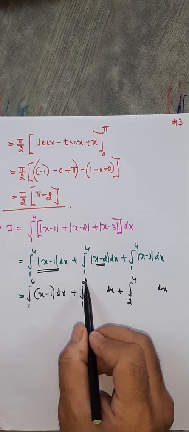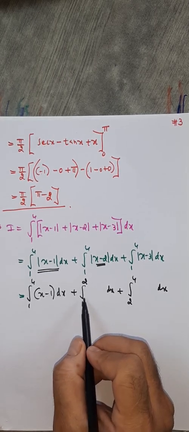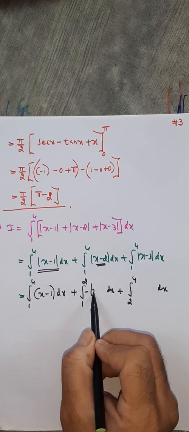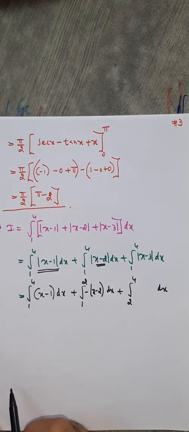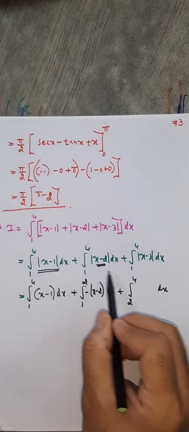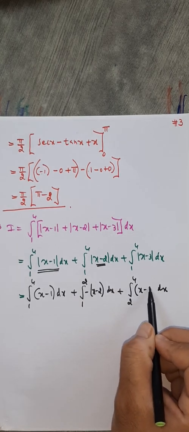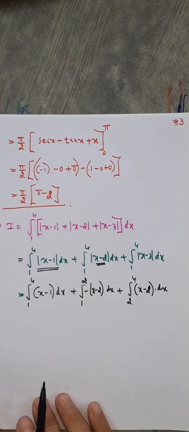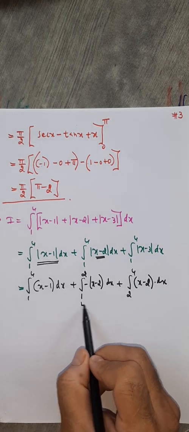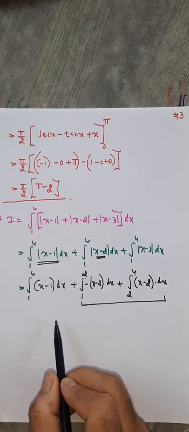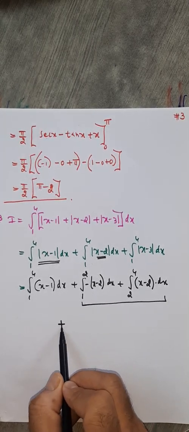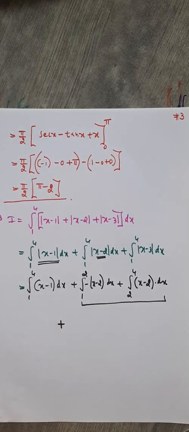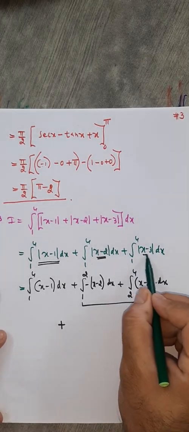Now if you take any number from 1 to 2, for example 1.5, then this is negative. So you have a minus sign in front of this. And from 2 to 4, this is always positive. So this is just a plus sign. These two integrals are reduced from this only, remember. Plus, now the third integral. Where does this become 0?